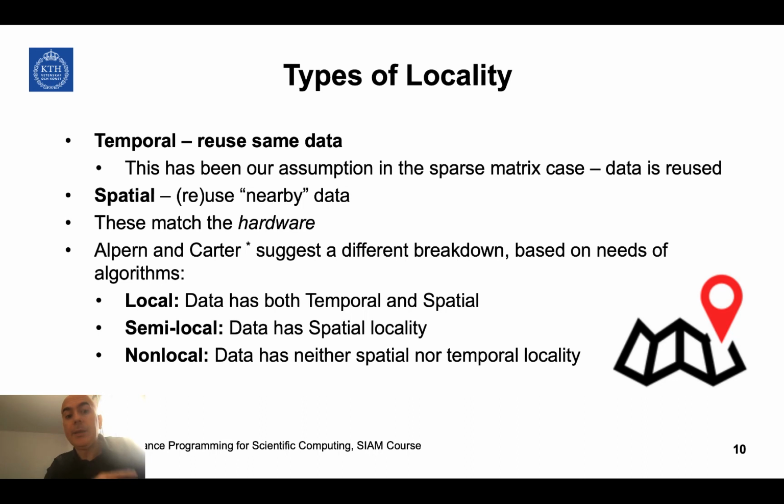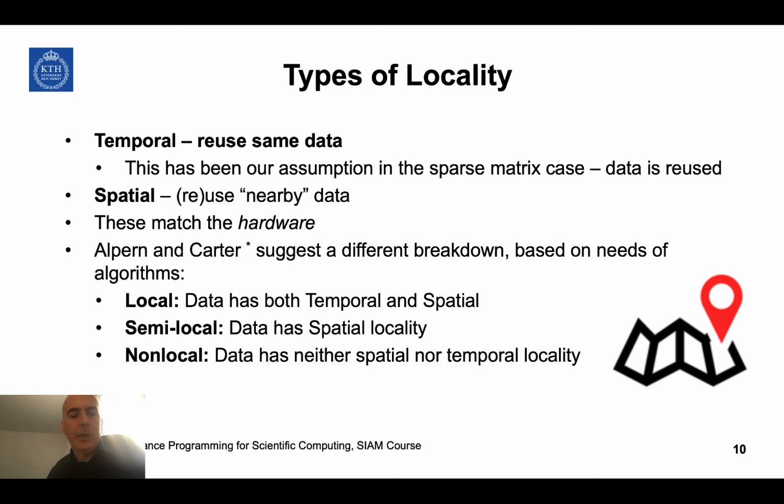So if we are accessing this nearby data in the array, it's very likely that we're going to reuse the cache. So this kind of locality is called spatial locality. And this matches the hardware in the sense of how much data you can bring to the cache. This depends on the cache capacity, and this is a hardware feature.